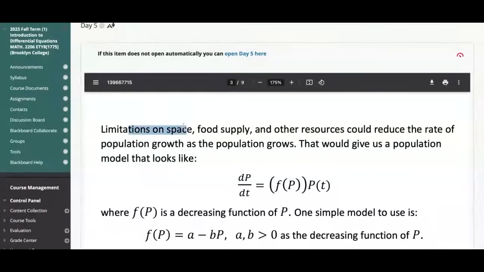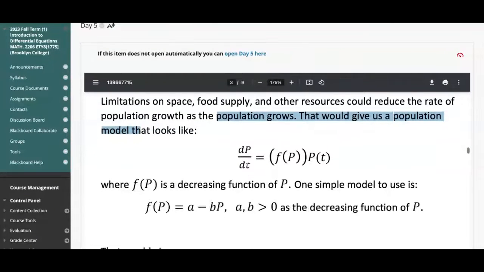Okay, limitations on space, food supply, and other resources could reduce the rate of population growth as population grows. That would give us a population model that looks like this: dP/dt equals f(P) times P(t).